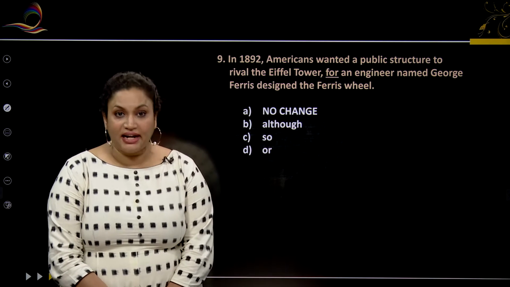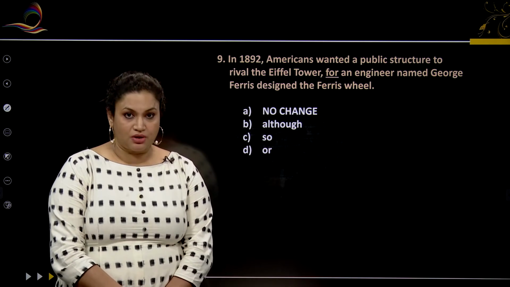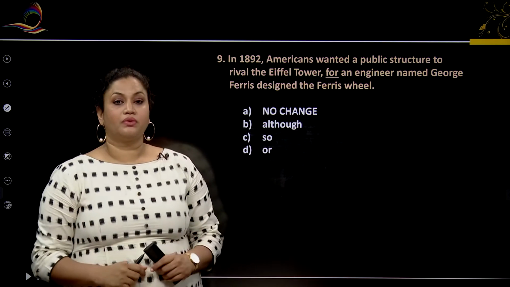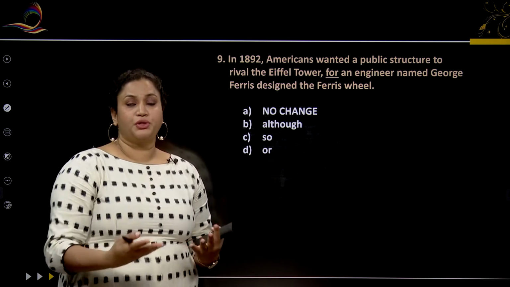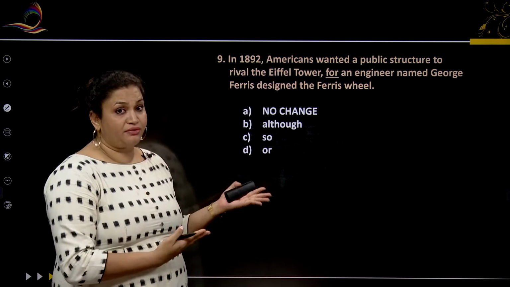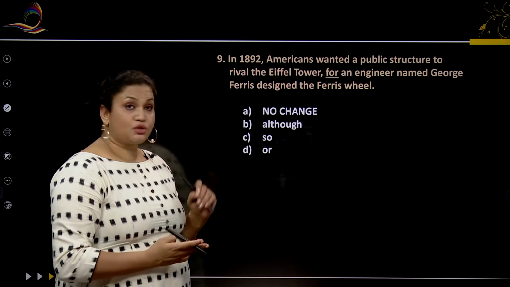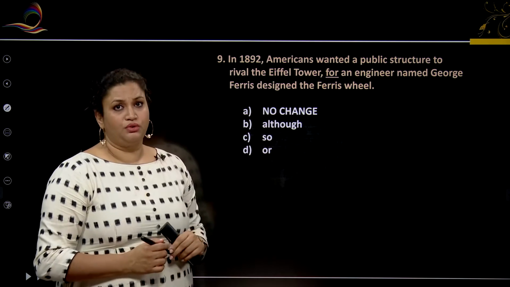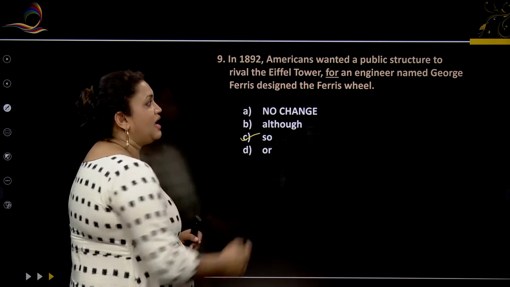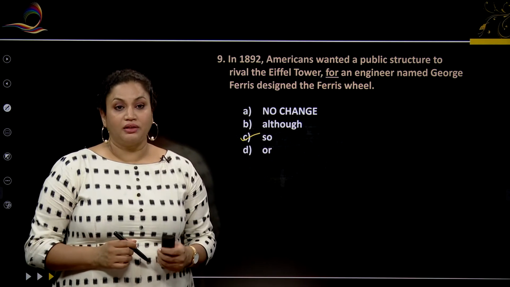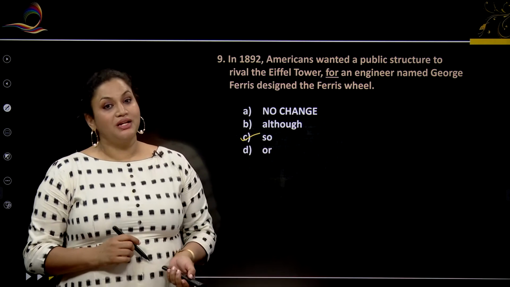In 1892, Americans wanted a public structure to rival the Eiffel Tower. So what should we go with? Therefore, and what is replacing therefore here? Can we have although or for? No. We can have so. So an engineer named George Ferris designed the Ferris wheel. That's the right option. Let's go to the next one.